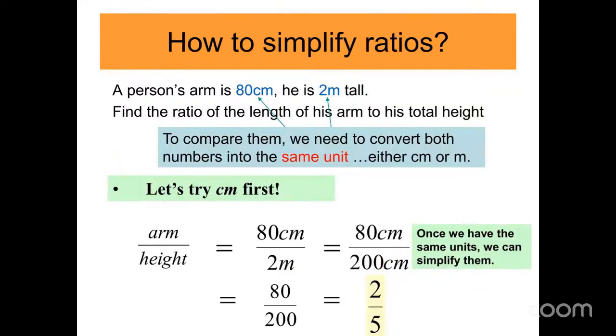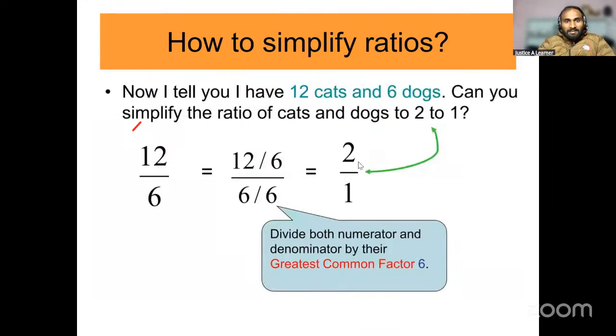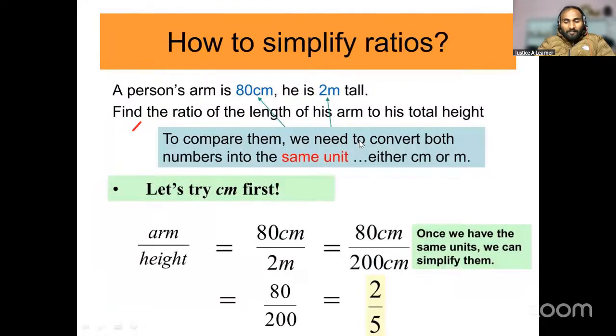Will the question tell you to simplify it, or do you have to do it anyway? If it is asking for simplification, we will be simplifying. That day we were solving a problem, I gave you the maths problem, and there was a question related to ratio and proportion. In that, the pair was being asked. So it was like this, 2 to 1, and then a pair was being asked.